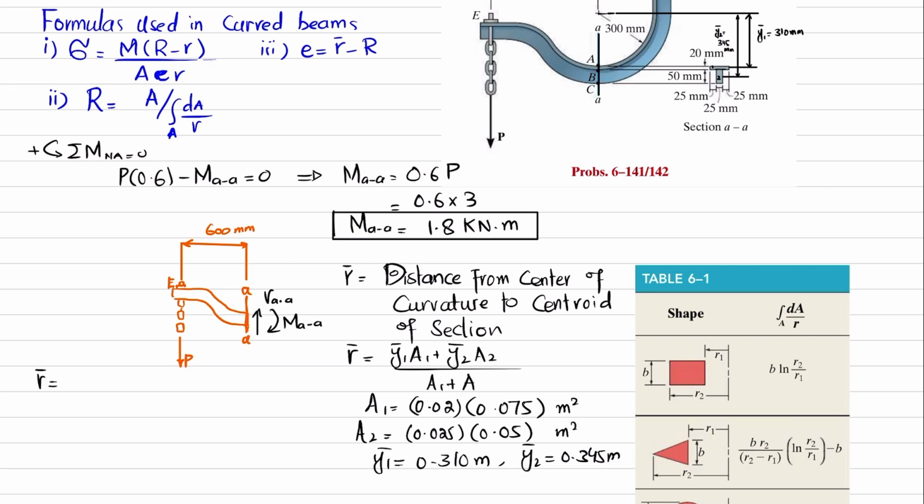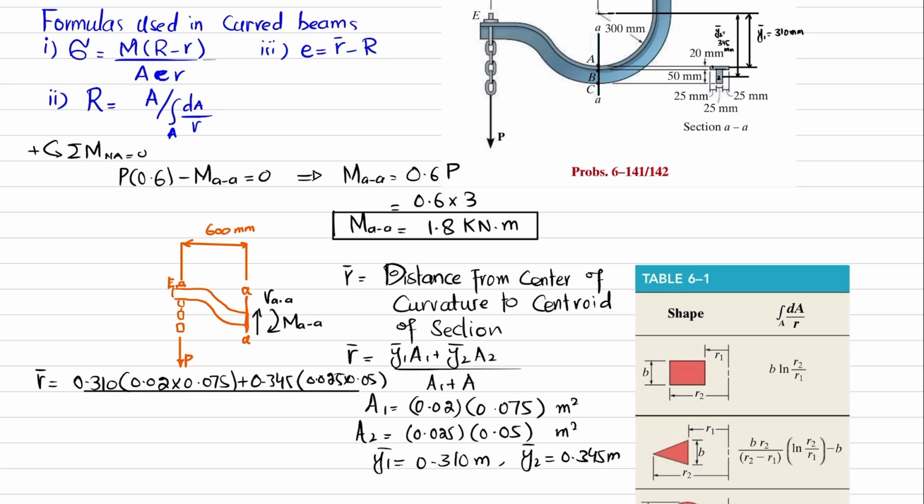Now you have all the values, you can just plug them in this formula. So Y1 dash is 0.310 multiplied by area 0.02 into 0.075 plus our Y2 dash 0.345 into A2, which is 0.025 multiplied by 0.05, divided by the areas A1 and A2.